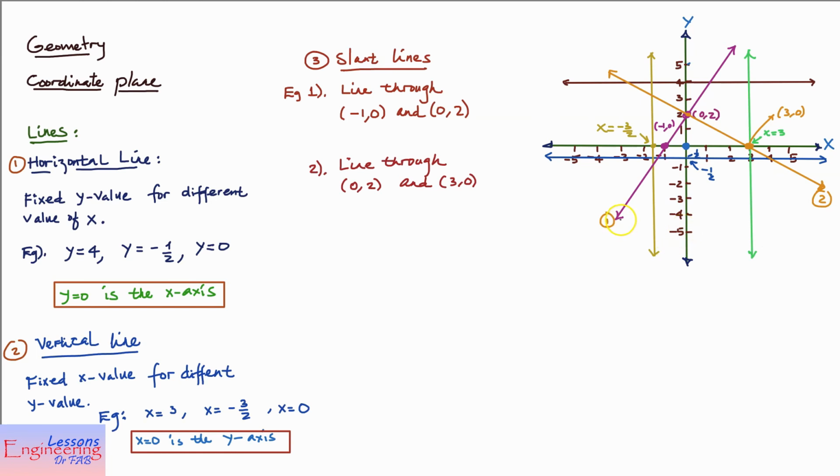Line 1 has a positive gradient, which is increasing y for change in x from left to right, but our example 2 has a negative gradient, which is decreasing y for change in x from left to right. Okay, so we'll be discussing these points in the next topics.